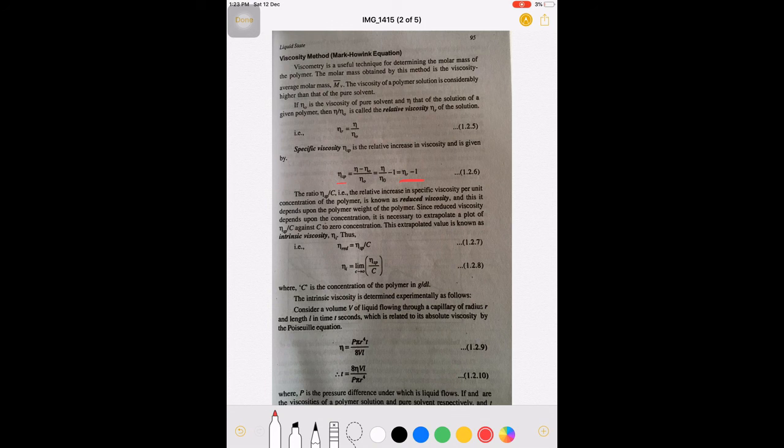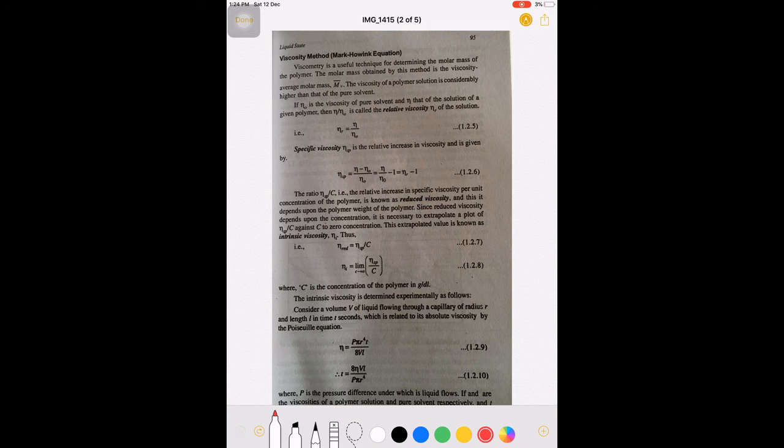So the specific viscosity divided by concentration, that is the relative increase in specific viscosity per unit concentration of the polymer, is known as reduced viscosity, and it depends upon the weight of the polymer, because the concentration term is there, and that concentration is nothing but the concentration of polymer.